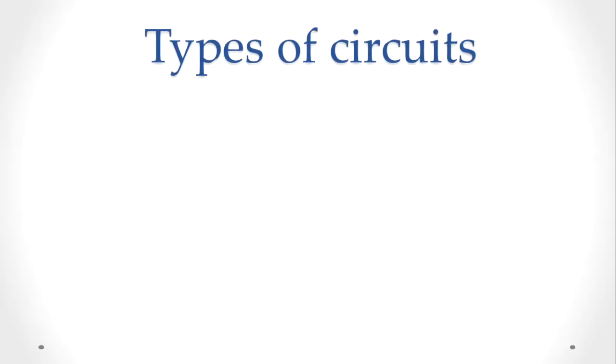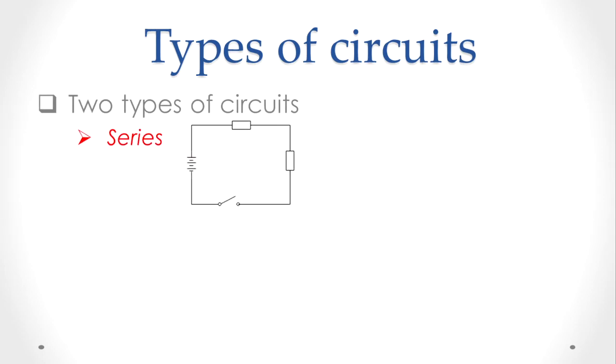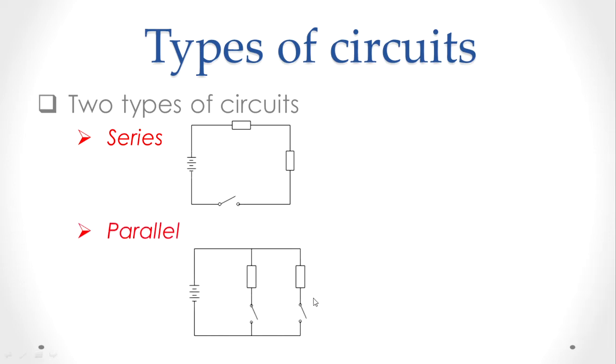So looking at the different types of circuits, there are two types of circuits. Generally speaking, there's a series circuit where we have over here just one single path for current to flow through, and then here for parallel connection we have two paths for the current to flow through.